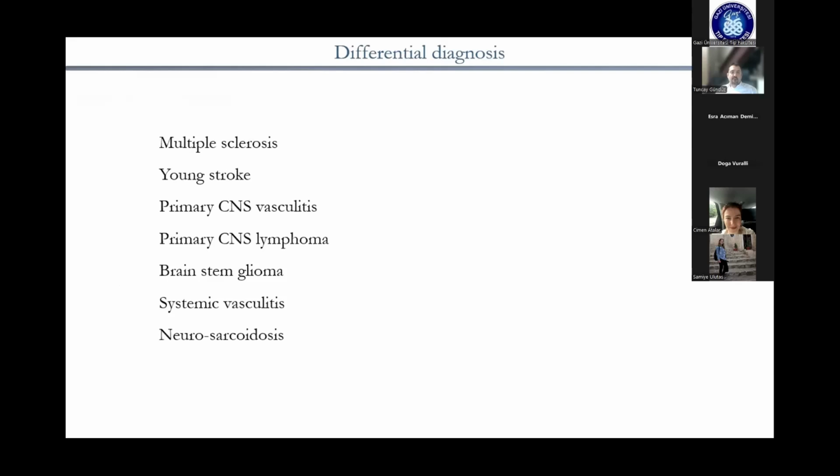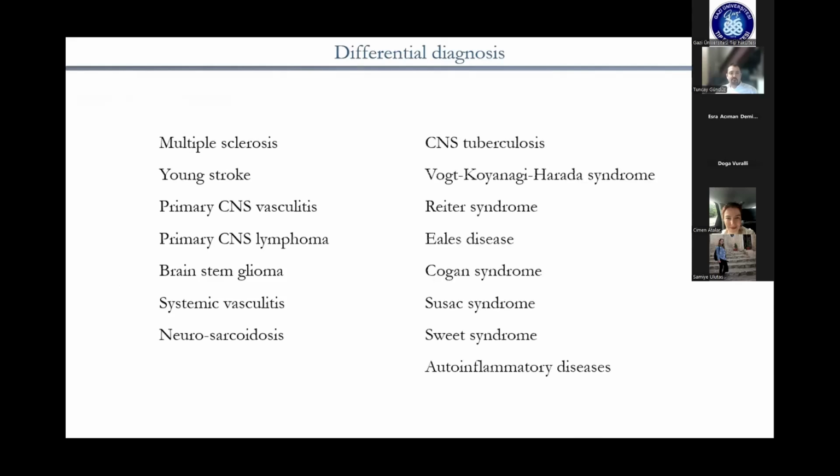We may pass these. Neuro-Behçet's disease may have this differential diagnostic table, and you should consider these diseases when differentiating Behçet's disease from other neurological disorders.